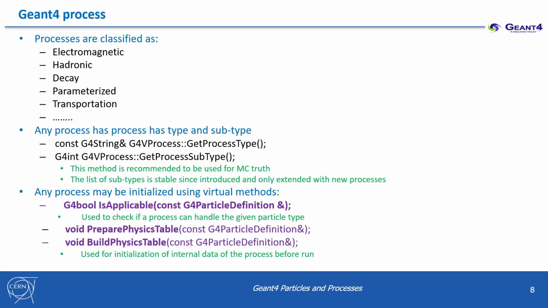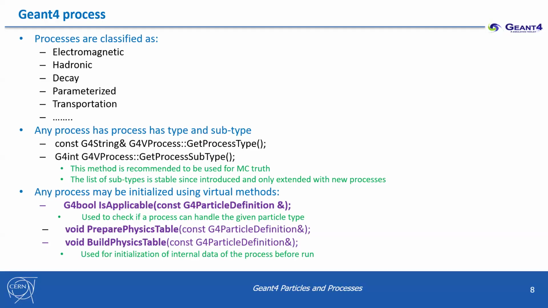Any process may be initialized before start of run. For that, there are methods. Is applicable: so process should check the particle definition and say true or false. By default, in all cases, it is true. Prepare physics tables. Prepare physics table also depend on particle definition. This step is needed in order to prepare initialization of physics.